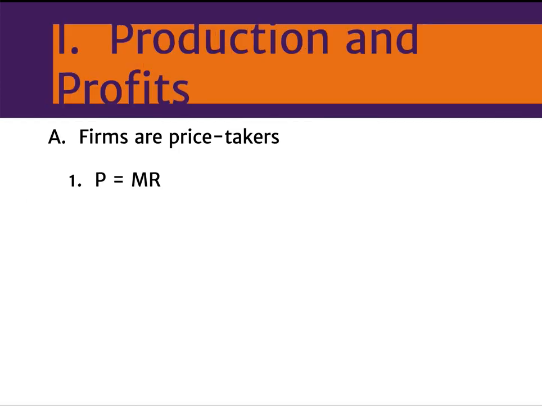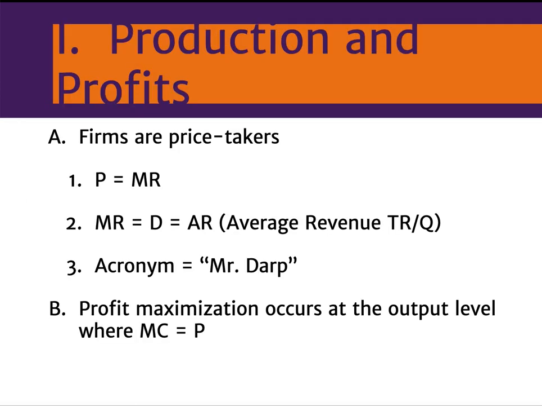In perfect competition specifically, we're going to have this acronym called Mr. DARP. Why? Well, we found out the last time that price was equal to marginal revenue. If price is equal to marginal revenue, then that's also going to be where our demand curve hits.